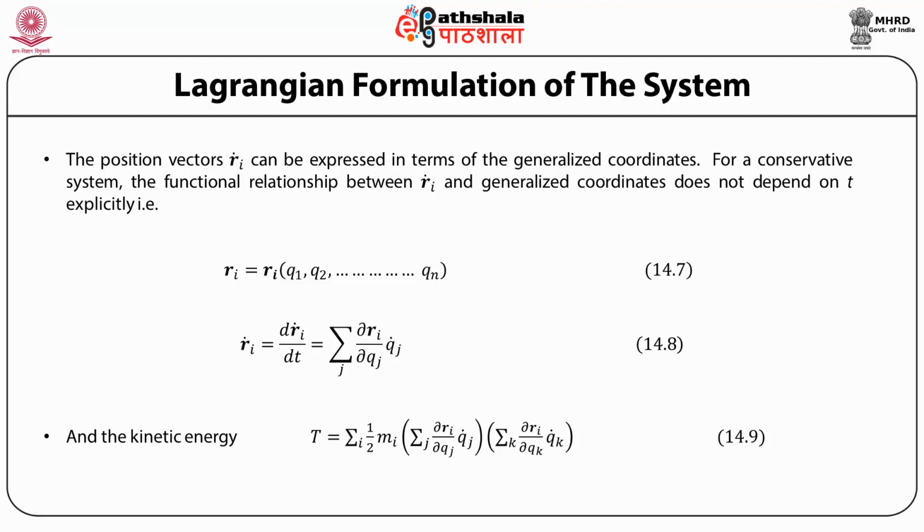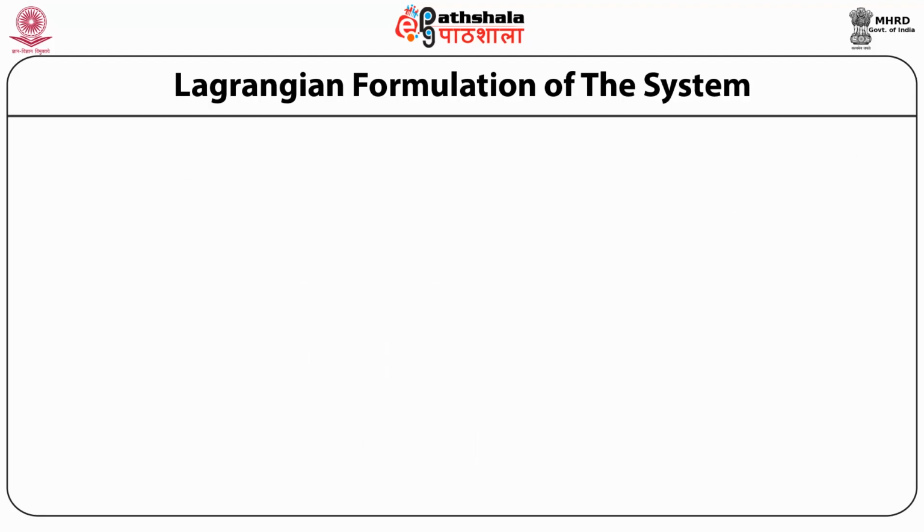Substituting in the expression for kinetic energy, we have T, the kinetic energy, equal to the sum over i of half m_i times sigma over j of dr_i by dq_j q_j dot, times sigma over k of dr_i by dq_k q_k dot. Thus, the kinetic energy can also be written as a quadratic term in terms of generalized velocities.